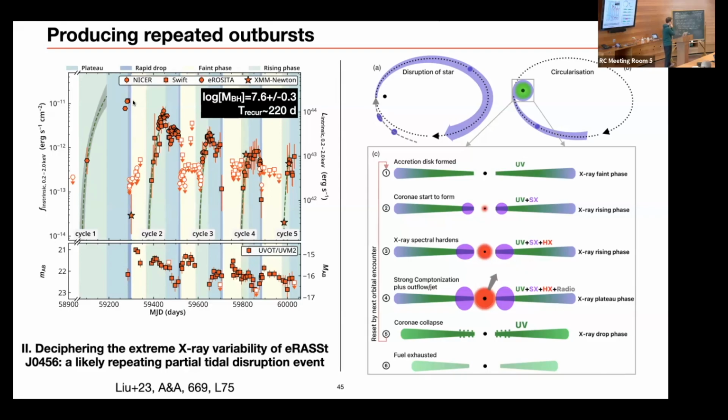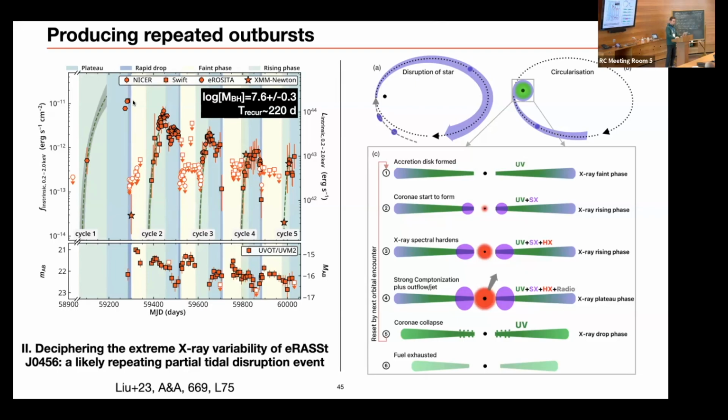So something interesting happens around this repeating phenomena on timescales of months, 100 days, 200 days. This will depend on the properties of the star and the black hole, but this is something to keep in mind regarding a qualitative transition between these two phenomena.